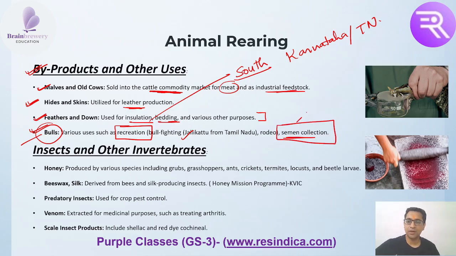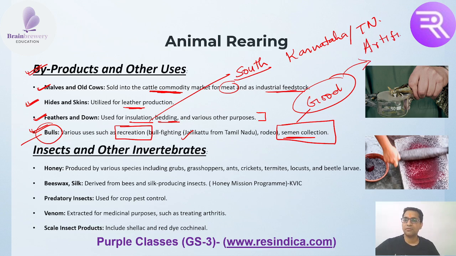We have to collect good quality semen from the bull, and then we inject it with the help of an artificial insemination program. We will be discussing this whole artificial insemination program in the coming slides. So these are the byproducts and other uses.